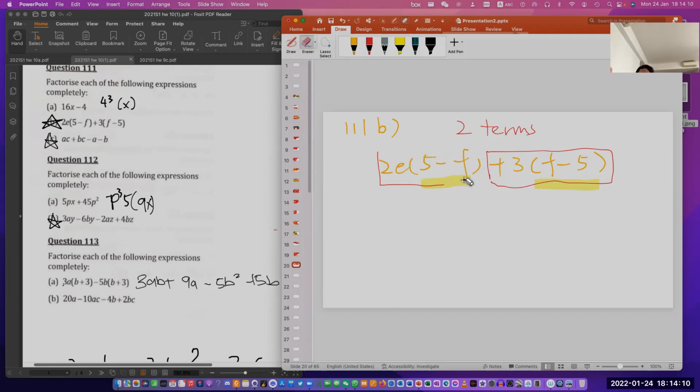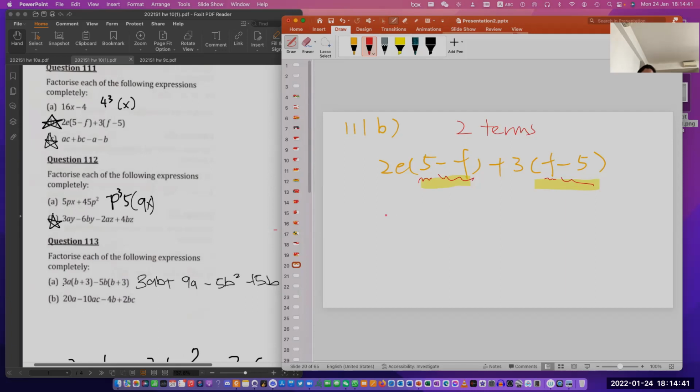How is it different? They give you 5 minus f here, but over here they give you f minus 5, meaning that you have 5 and f, you also have 5 and f, but they are not the same. You have 5, you have minus f, and over here you have f, you have minus 5. So they are opposite to each other.